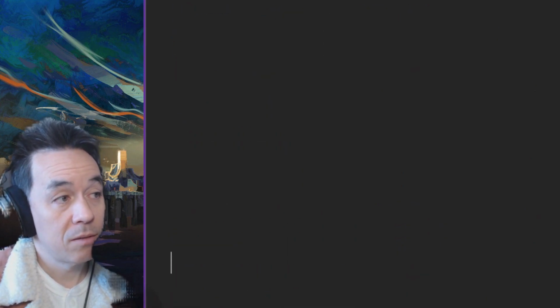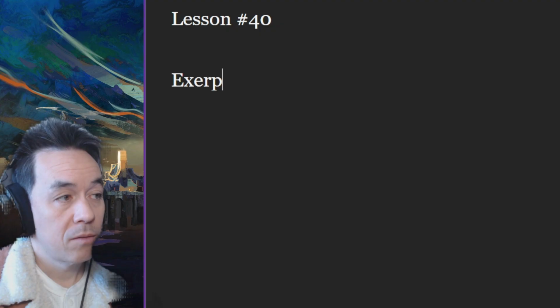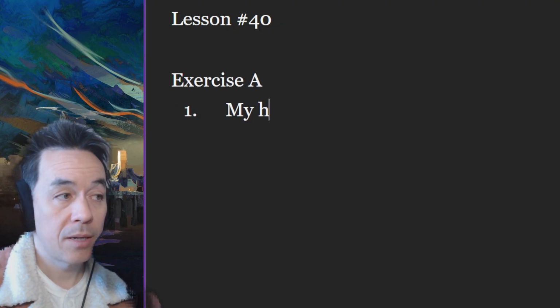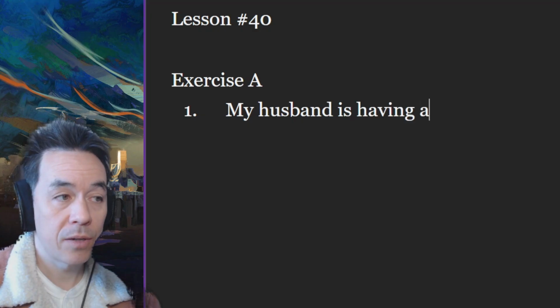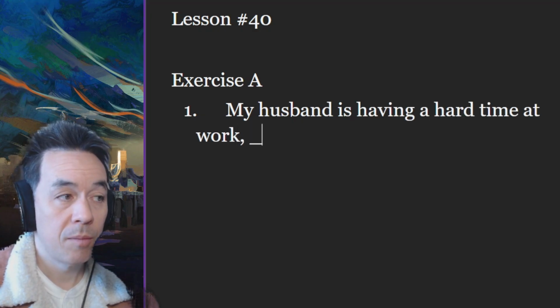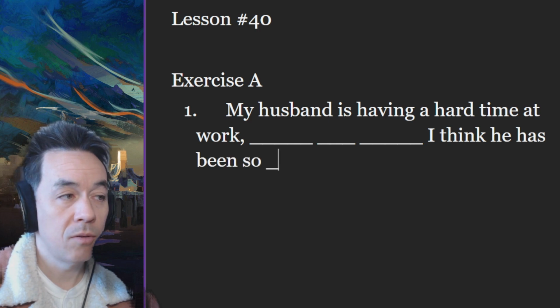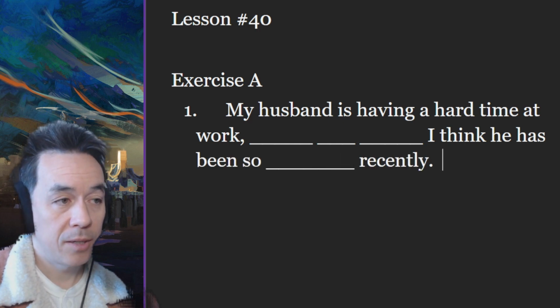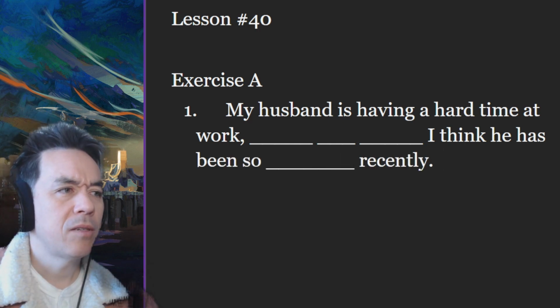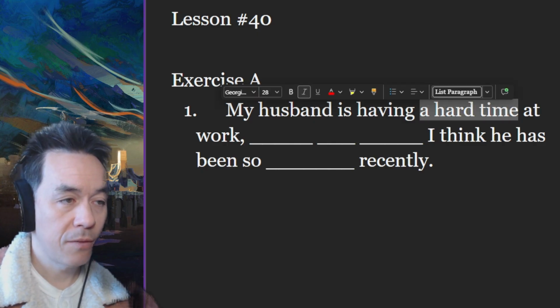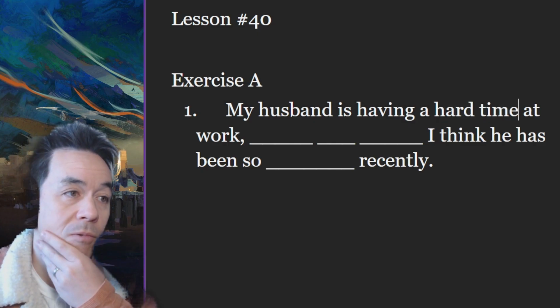Let's do the exercises. Exercise A, number 1. My husband is having a hard time at work, blah, blah, blah. I think he has been so blah, blah recently. We have a hint here: having a hard time, a difficult time, or difficult work.